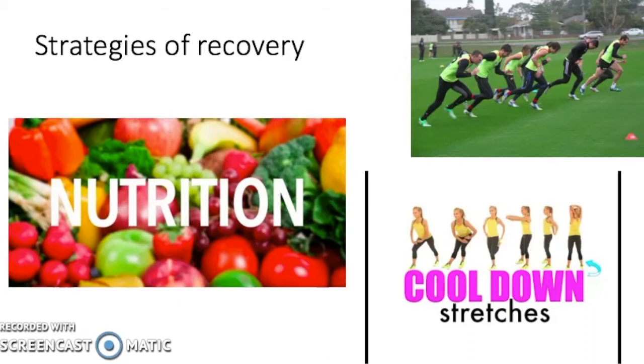A cool down or active recovery is the next strategy which can speed up the recovery process. So the cool down at the end of an event, for example, a marathon or 400 metres or any event, increases the oxygen delivery to the tissues, and so therefore speeds up the fast and slow components of EPOC, the alactic and the lactic acid stages, because more oxygen is being supplied.